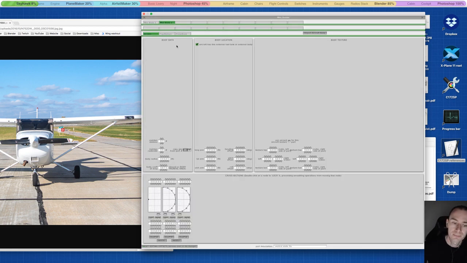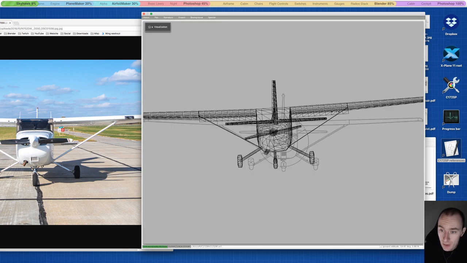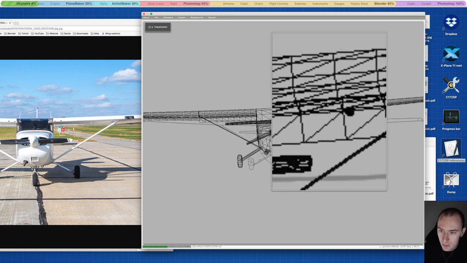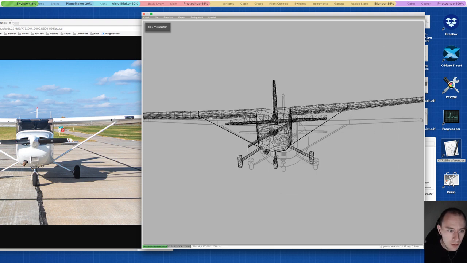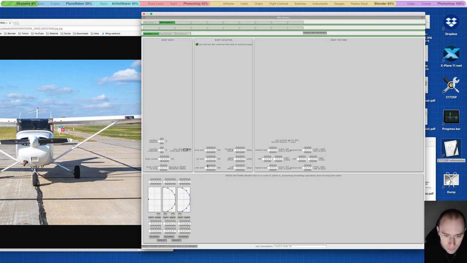Miscellaneous bodies. Lateral arm should be less. 6.5. Let's see what happens. Well, that's not bad. But looking at the picture it should be farther, much closer. 1?